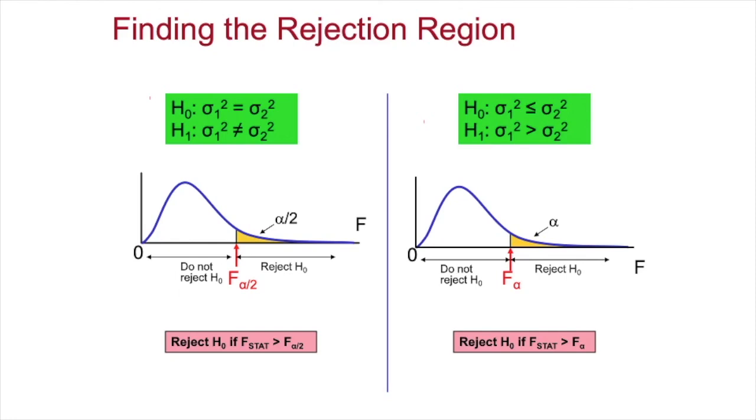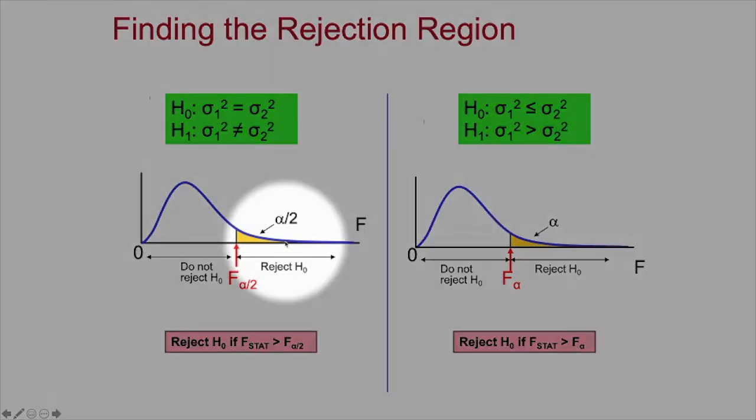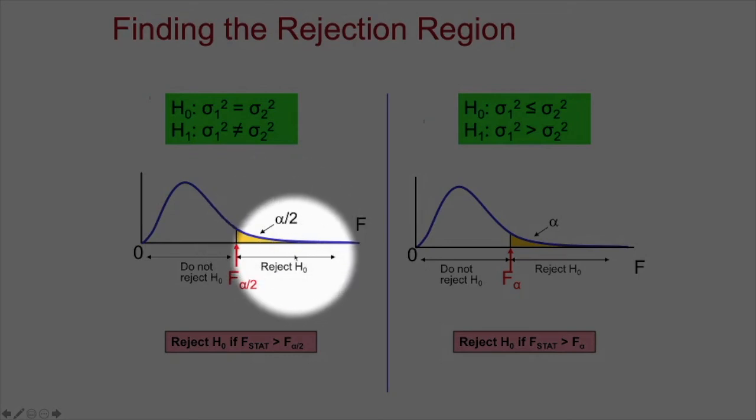So what does the F distribution look like? Well, this is the shape of the F distribution. And so we have two types of tests, which are the equality test, sigma 1 squared equals sigma 2 squared. And in that case, we reject if our F stat is higher than this critical value. We reject in this zone up here, okay?